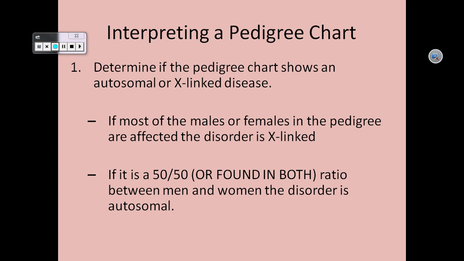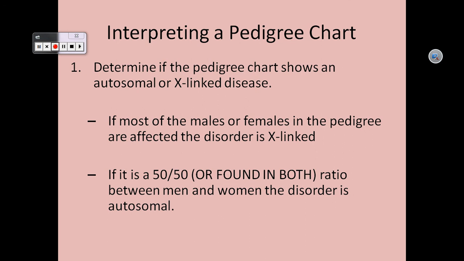Interpreting a pedigree chart. Here are the rules. To determine if the pedigree chart shows an autosomal or X-linked disease, which would be a sex-linked trait, these are the things you have to look for. If most of the males or females in the pedigree are affected, then the disorder is sex-linked, meaning if the figures that are shaded in are all male or all female or majority male or majority female, that means it's going to be found on the X or the Y chromosome, which makes it a sex-linked trait.